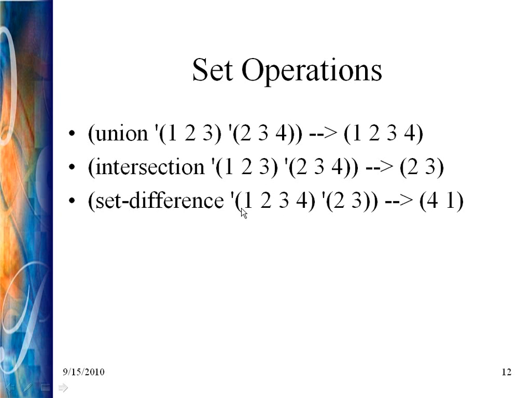Set difference takes two arguments, a list and a second list, and the result is the list where all the elements in the second list that appear in the first list are removed. Notice that in this case the order is changed. You are never guaranteed the order of the result of union, intersection, or set difference. The order can be anything. All you're guaranteed is you get the right collection of elements.